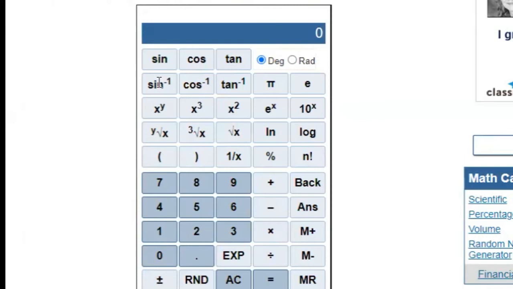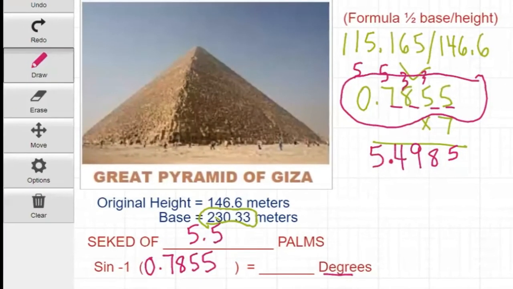We're going to use sine to the negative 1, which is the inverse operation of sine, and put in the numbers we had, 0.7855. You can see right here you have 51.76, and you can round that off to 51.8. So we have our degrees at 51.8 degrees. All right, so we have our answer.